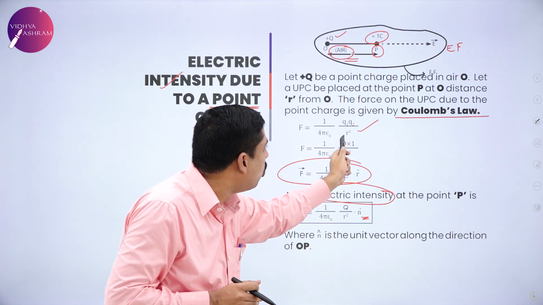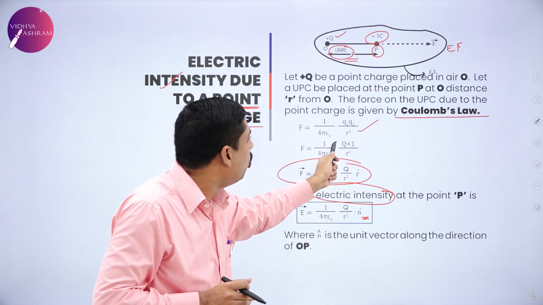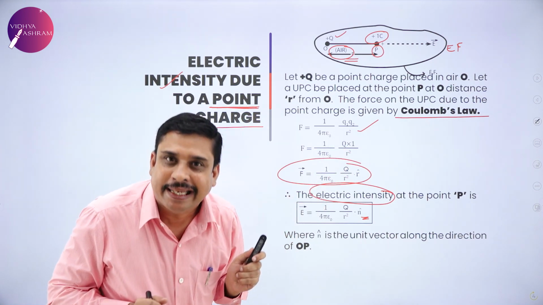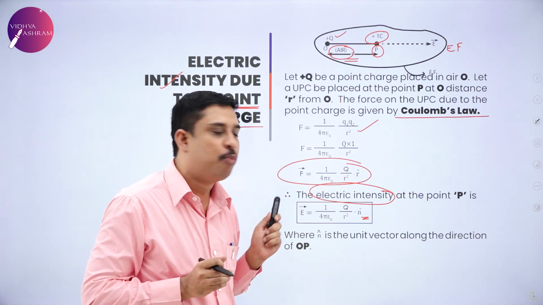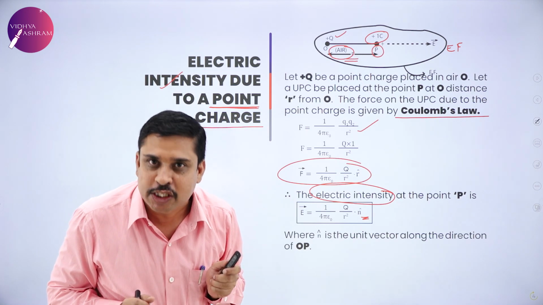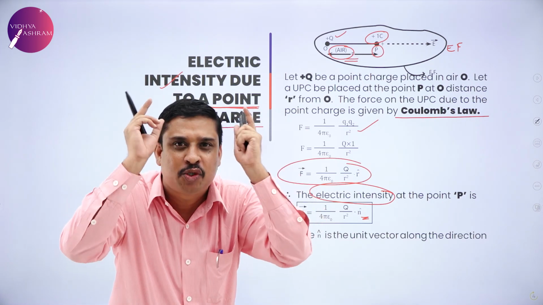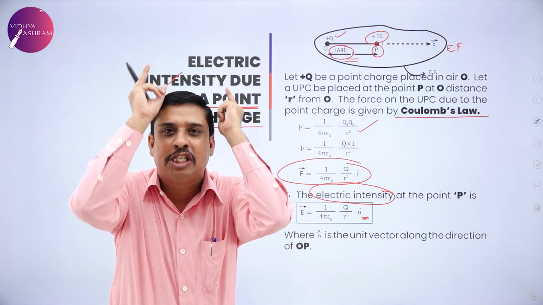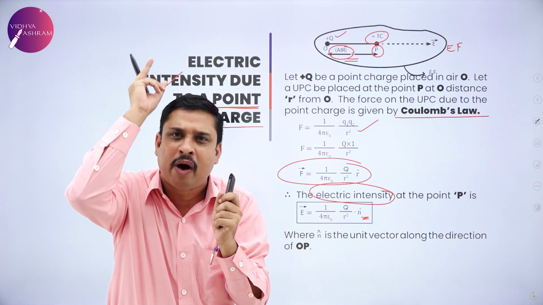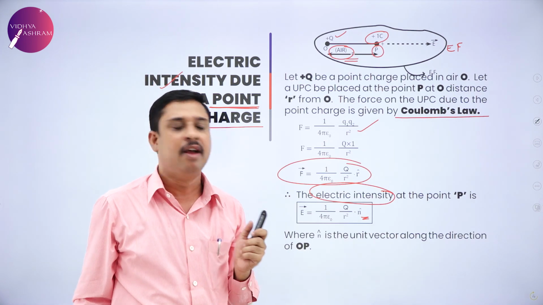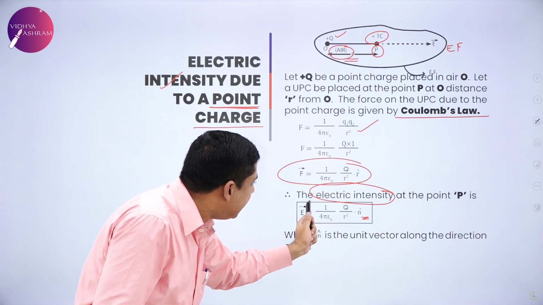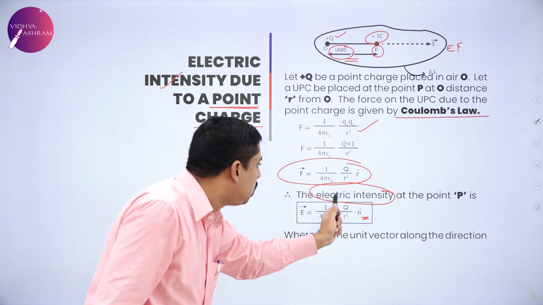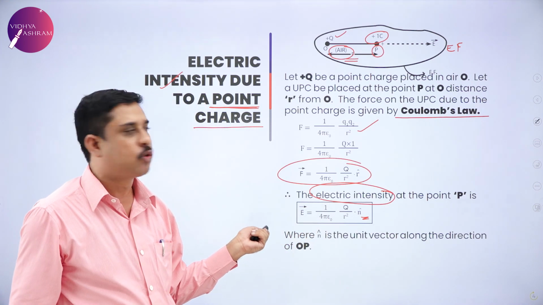Q1, Q2 by R square, Q the magnitude of the point charge, 1 the magnitude of the UPC, R the distance of separation. So please do keep in mind electric intensity is formulated through a very basic relation, which is 1 divided by 4 pi epsilon naught Q divided by R square.